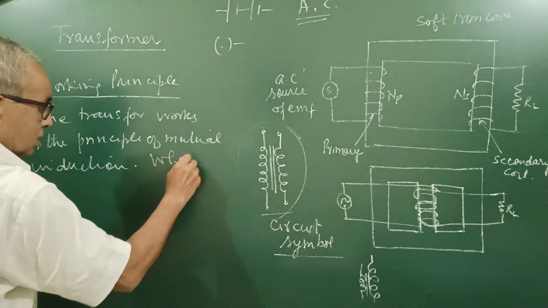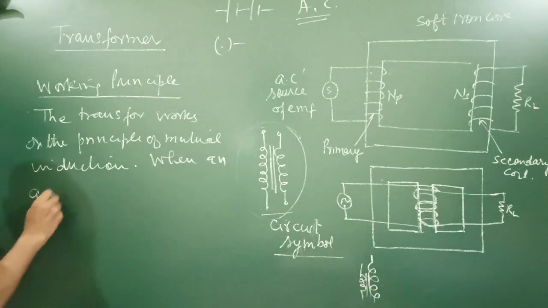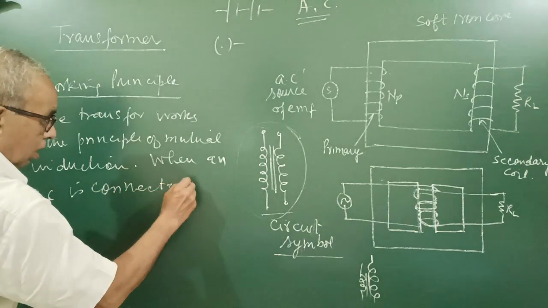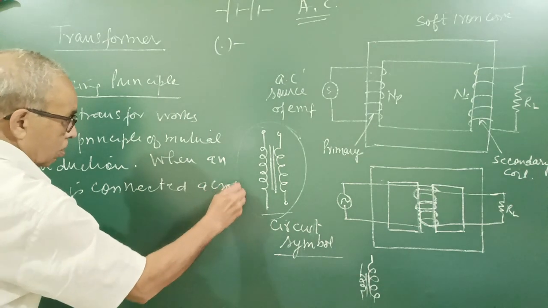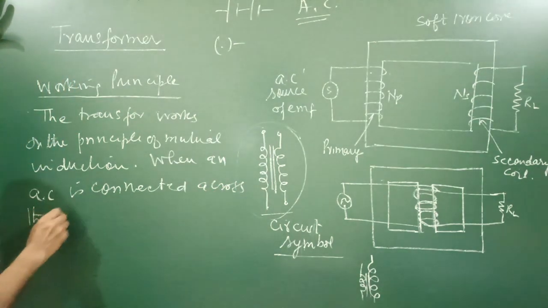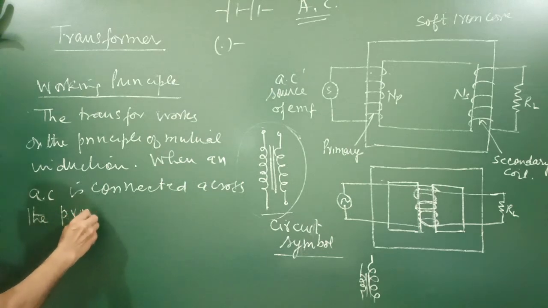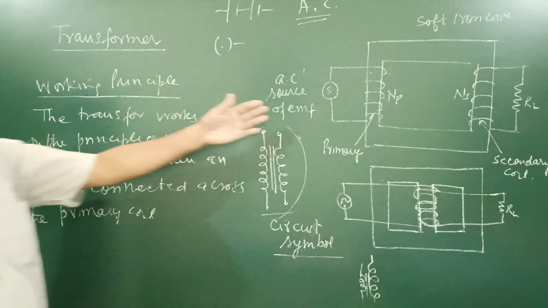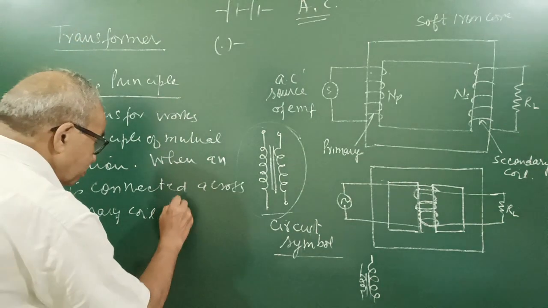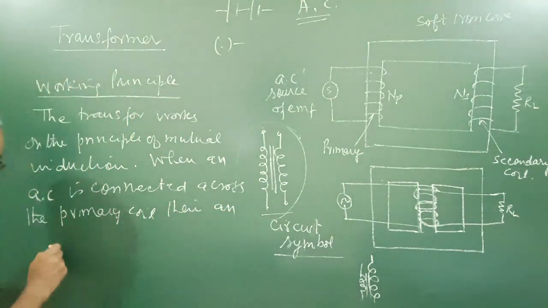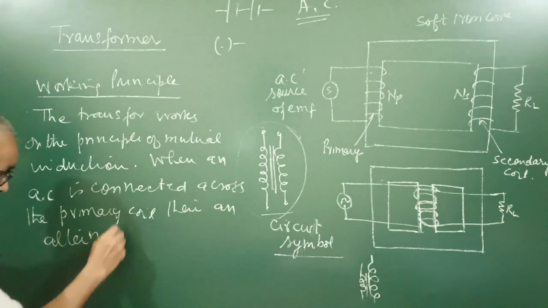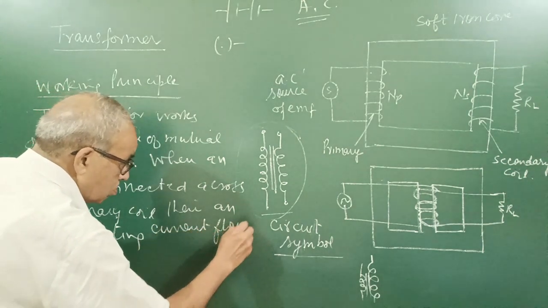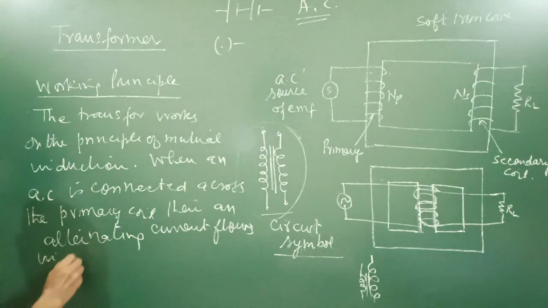That is, when an AC source is connected across the primary coil, an alternating current flows in the coil. The coil across which we connect the AC source is called the primary coil.